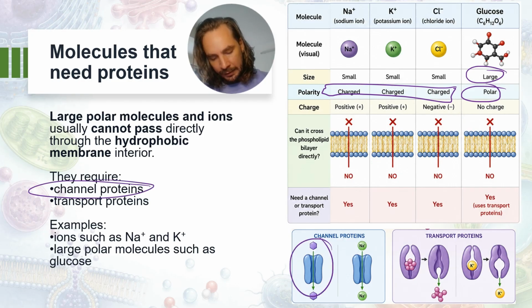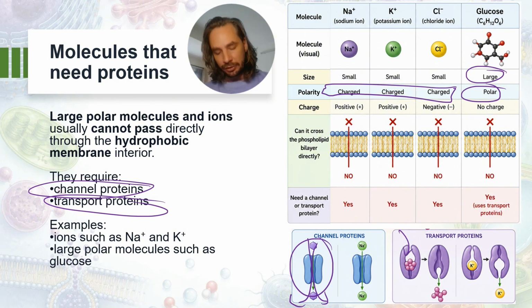A channel protein is one that has a channel for the molecules to move through. A transport protein is a little bit different, where it binds to the molecule and that causes the shape to change. That is a transport protein.